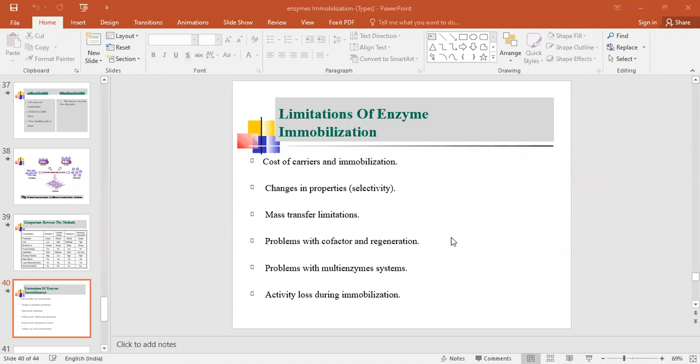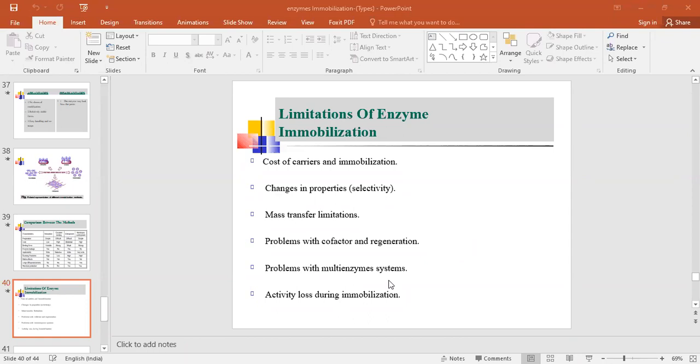Then problem with the cofactor and regeneration. So you already know that some enzymes require different kinds of cofactors, like metal ions, like vitamins. So if you immobilize just the enzyme, it cannot work properly. Why? Because cofactors are not there. Then the problems with the multi-enzyme system. Now, multi-enzyme system means what?